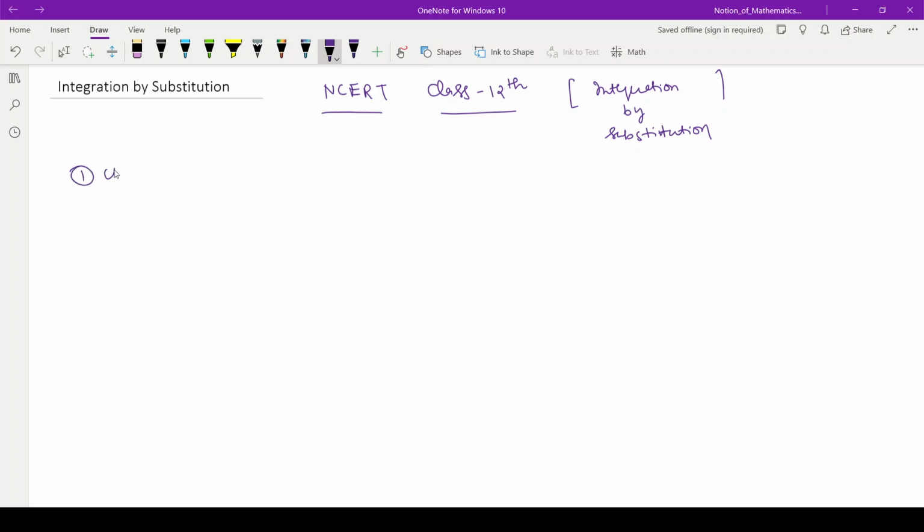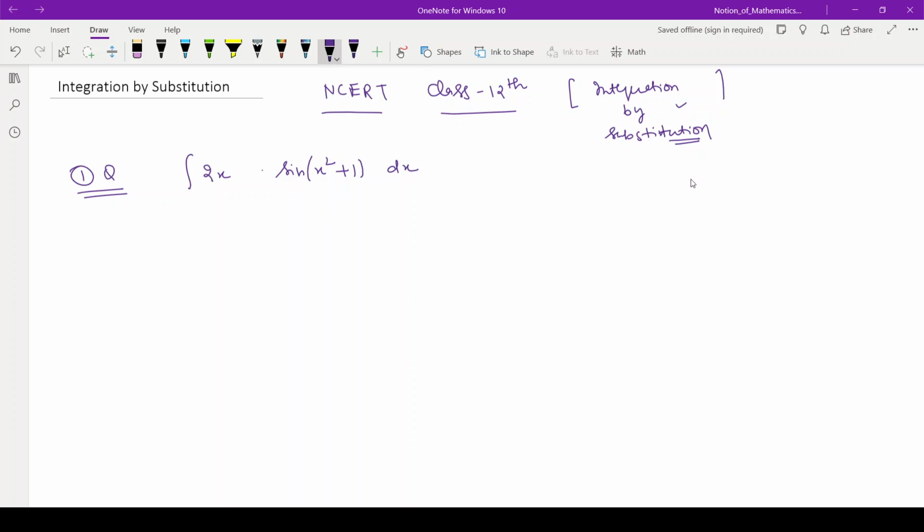First question is here, we have to evaluate integration 2x sine of (x square plus 1) dx. Integration by substitution means here we have to consider some term, with the help of that term we will eliminate the other term.